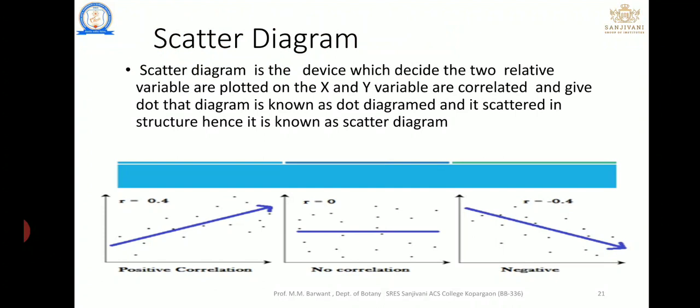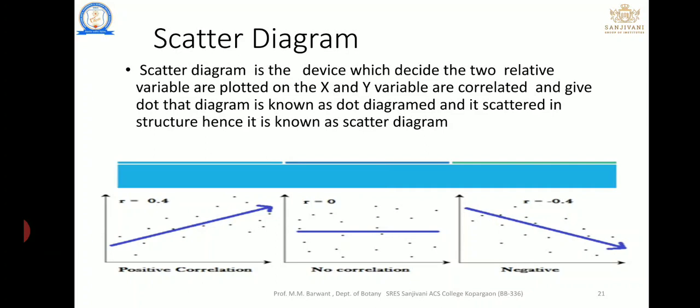Let's see the scatter method. What is the scatter method? In the third chapter, representation of data, there is diagrammatic representation and graphical representation, and one type is the scatter diagram. When a diagram is drawn with the help of dots, those dots are known as a scatter diagram.